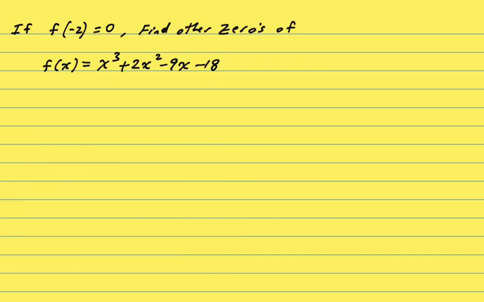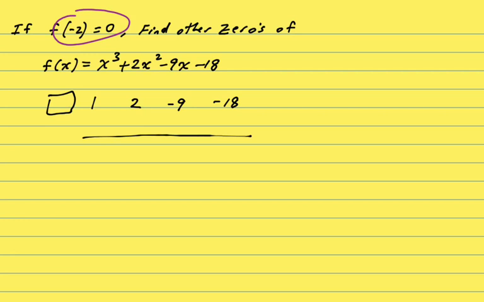Okay, here they give me a 0. They want us to find the other zeros. So are all the powers represented in decreasing order? Yes. So I bring down my coefficients. And it tells me one of the zeros, does it not? I believe it tells me one of the zeros is -2.